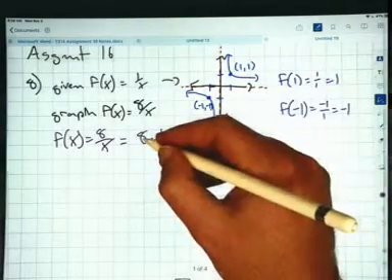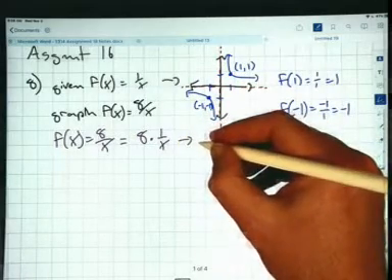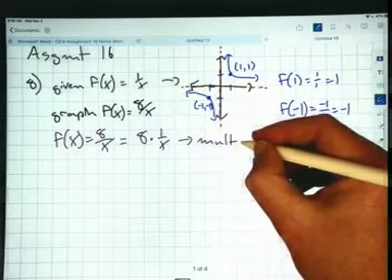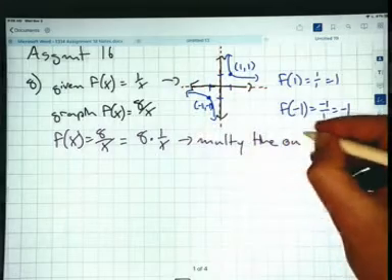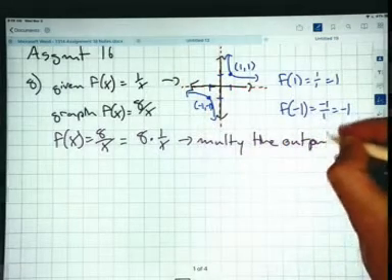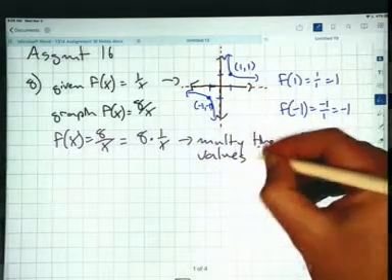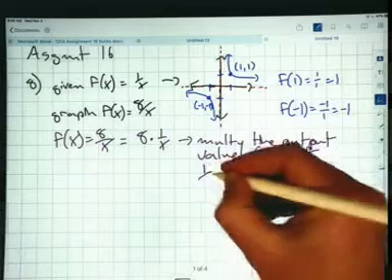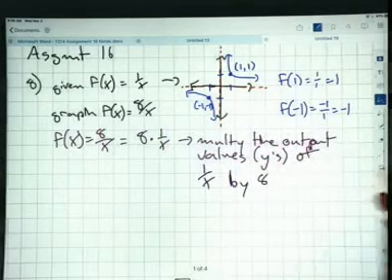But if you're multiplying it by 8, essentially this means that you're going to be multiplying the output values, and when I say output values, I mean the y's of 1 over x, by 8.